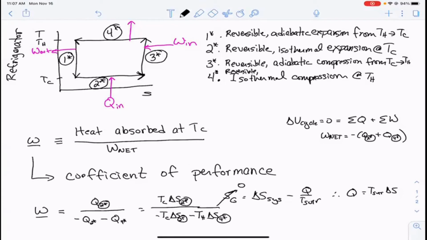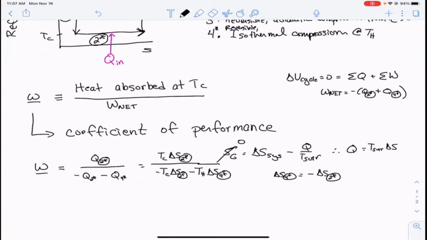And if you look at our TS diagram, because steps 1 and 3 are reversible and adiabatic, or isentropic, we know that delta S4 actually equals minus delta S for step 2.